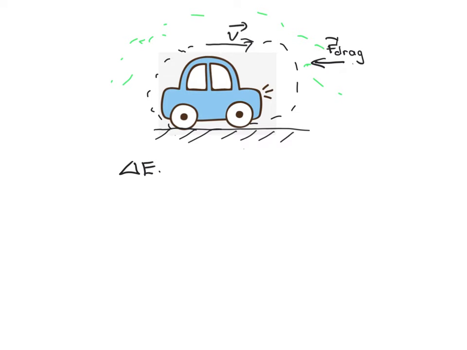It says the change in the energy of the system, which just includes the car, is going to be given by the work done by the surroundings on the system. So as the car moves down the road and undergoes a displacement to the right of delta r, there's going to be work done by the drag force, and it's going to be a negative work, of course, because the force points to the left and the displacement is to the right.